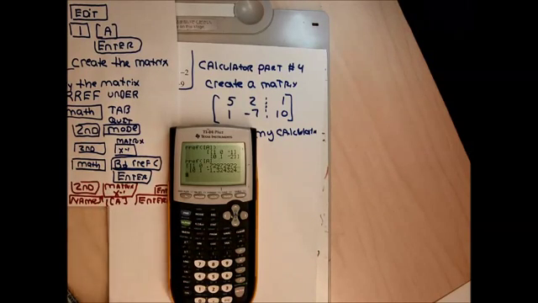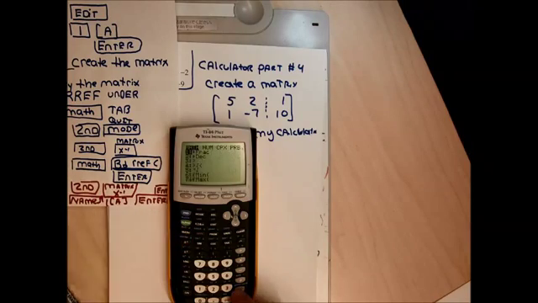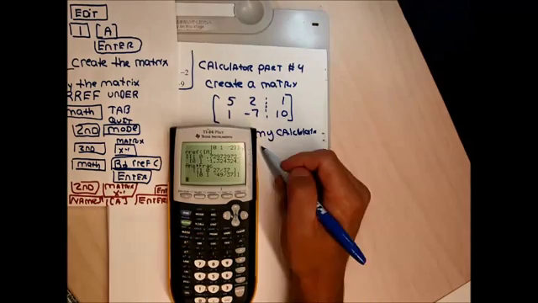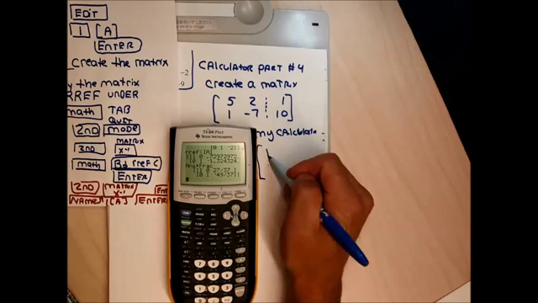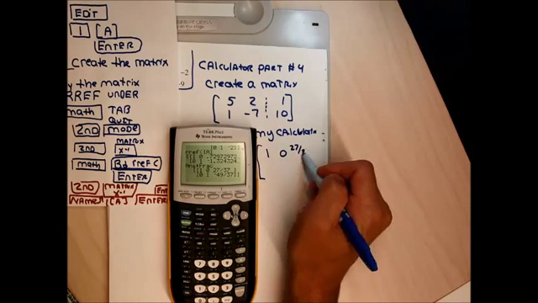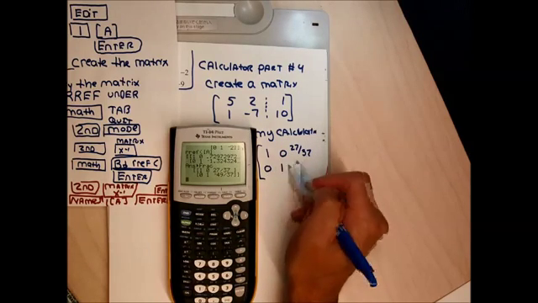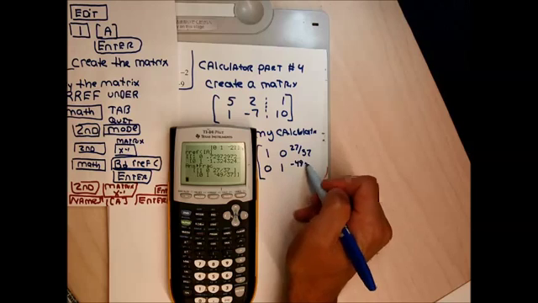Oh, okay, it gives me a nasty decimal. To make a decimal into a fraction, we've done this before, you hit math and enter twice. So math, enter, enter. And I'm going to get this horrible number, 1, 0, 27 over 37, and 0, 1, negative 49 over 37.